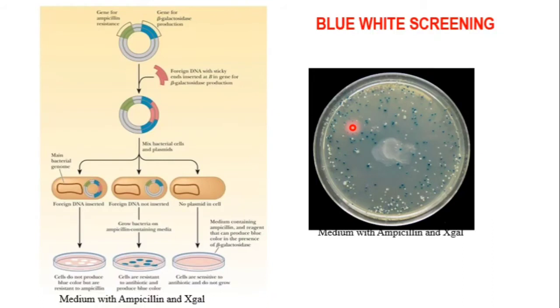If foreign DNA is inserted in the lacZ gene, that lacZ gene will be inactivated. The inactivated lacZ gene means it contains the foreign DNA, so it produces a colorless white colored colony. So this white is the recombinant clone, because the lacZ gene is inactivated due to the insertion of foreign DNA.